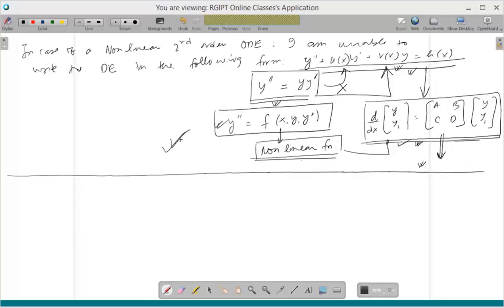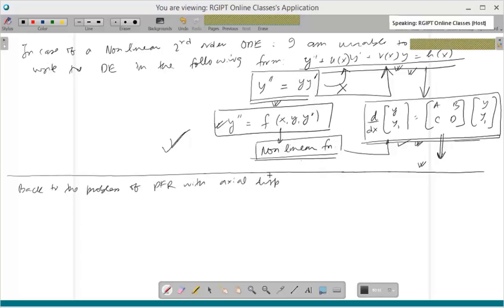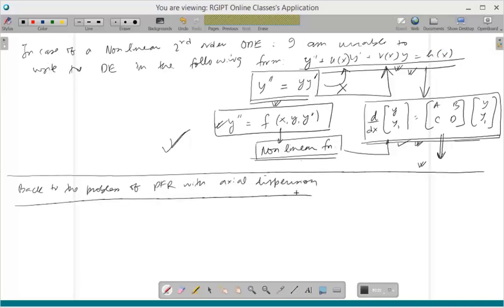Now we are going to apply this whole idea back to the problem of the tubular reactor with axial dispersion. We had these equations after non-dimensionalizing. I'm just copying them down from my notes.